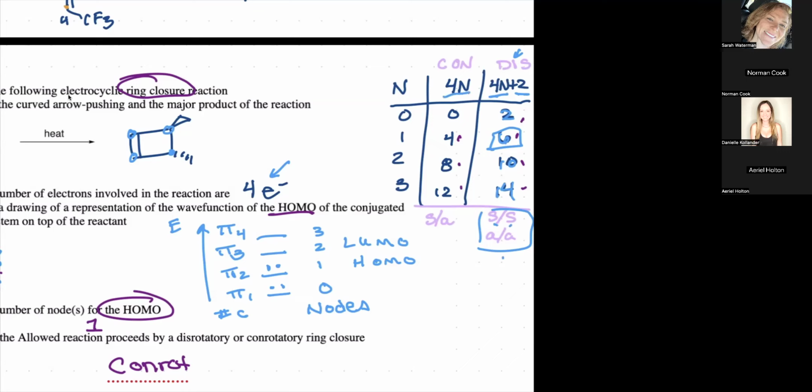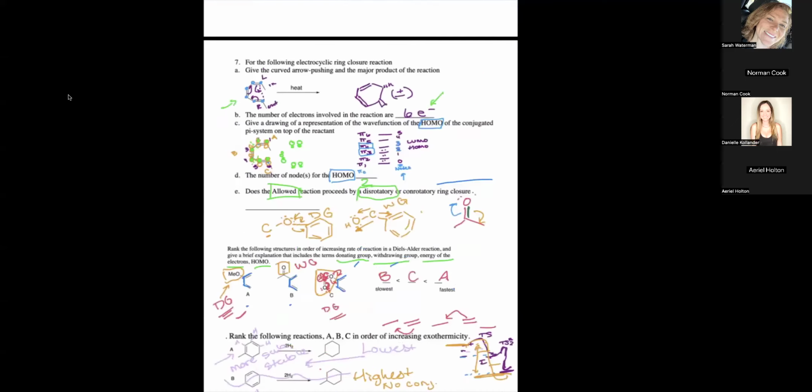If it's a 4n system, 0, 4, 8, then it's supra-antara, right? So we made this decision right here, that we had 6 total electrons participating in the reaction. So we didn't have to go through this whole rigmarole to find that out, but I wanted you guys to see it so that you knew why. But if you want to just cut to the chase and say, this has 6 electrons, so I know it's going to be supra-supra or antara-antara, you're more than welcome to do that.